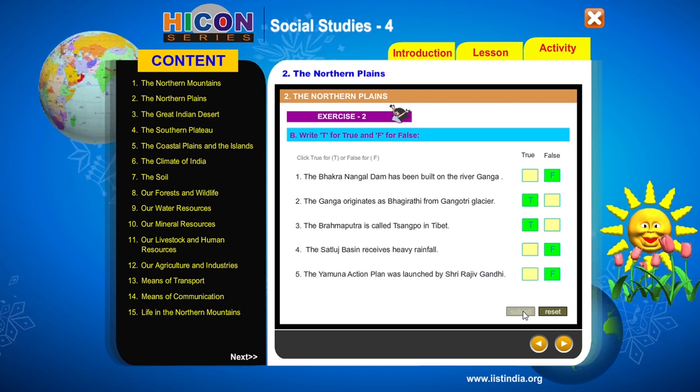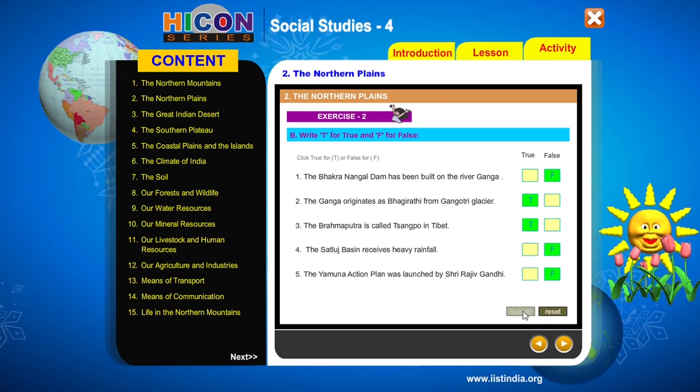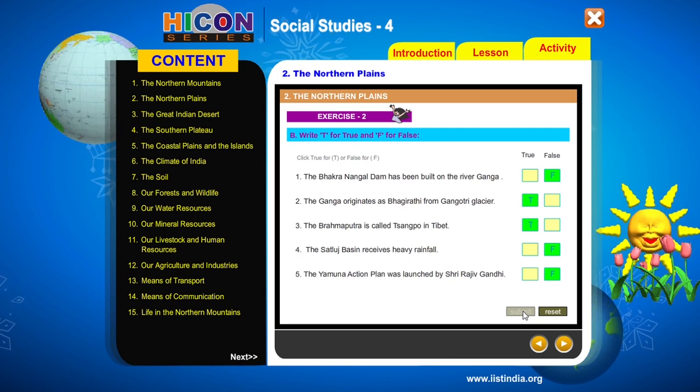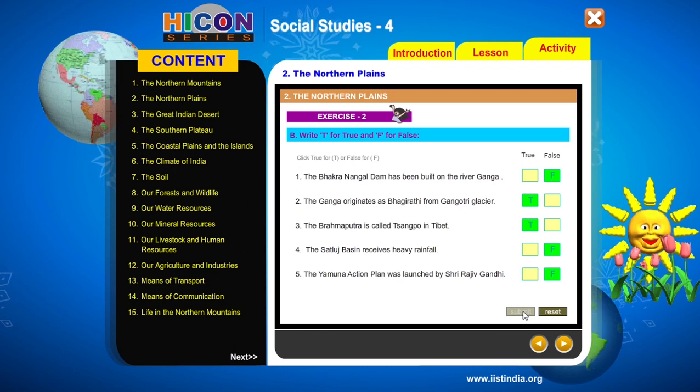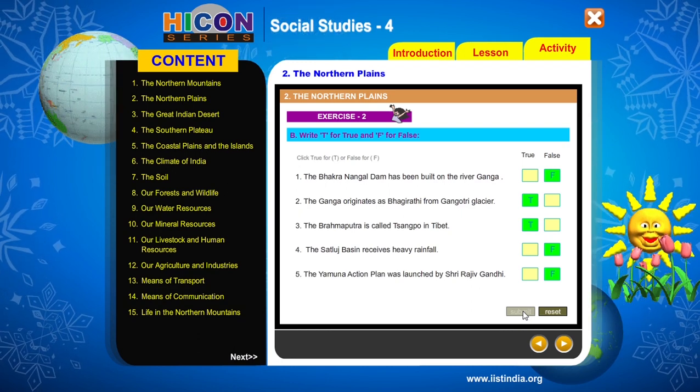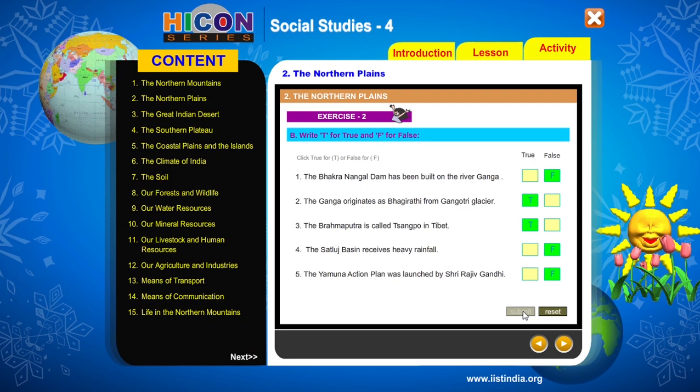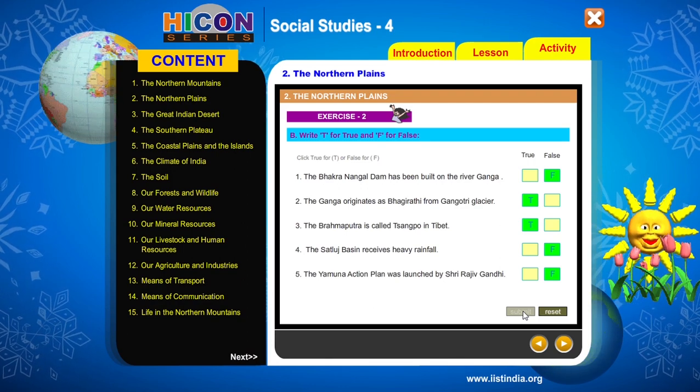Yes. The Yamuna Action Plan was launched by Sri Rajiv Gandhi is a wrong statement because Rajiv Gandhi started with the Ganga Action Plan, and after the success of the Ganga Action Plan, the government of India started with the Yamuna Action Plan. Right?